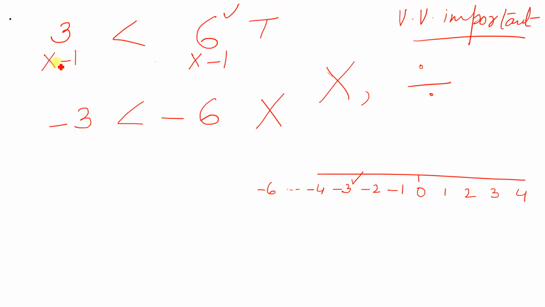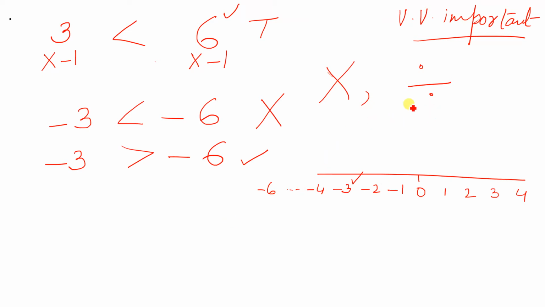But if we multiply both sides of the inequality with a negative number, you will get the wrong answer. So always keep in mind, when you multiply or divide an inequality with a negative number, you have to switch the sign. So negative 3 will be greater than negative 6. This is the rule.